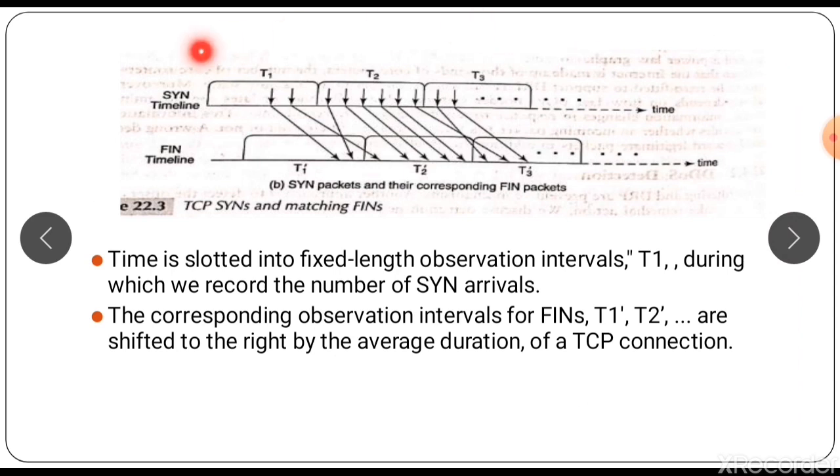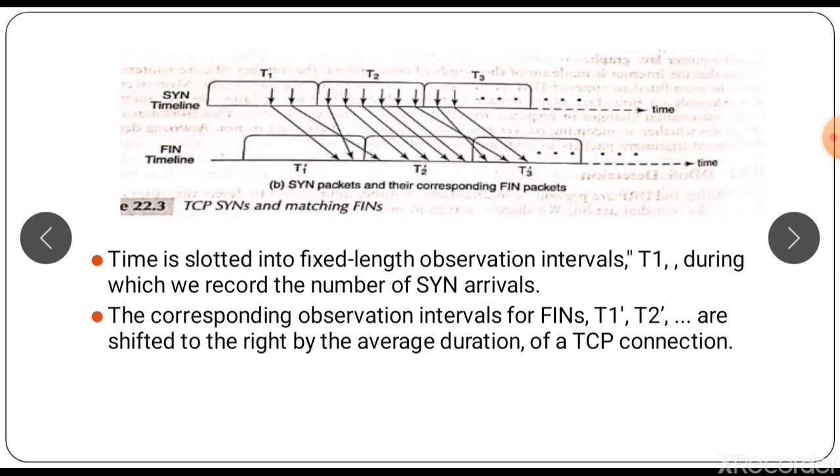Just look at this figure. It shows two horizontal timelines. This timeline shows the time of SYN packet arrival, and this timeline shows the corresponding FIN arrival. Here the time is divided into fixed-length observation time intervals, that is T1, T2, T3, etc., during which we record the number of SYN packet arrivals.